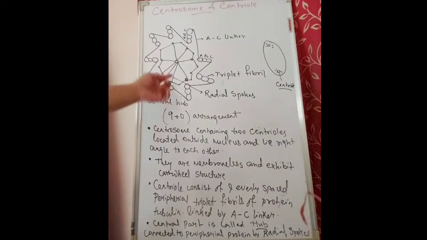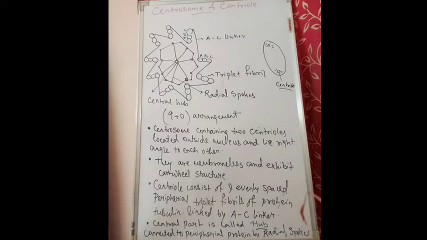And 0 means in the central part there is a type of protein known as the central hub. This central hub is connected to the peripheral proteins through radial spokes. So hence the arrangement is called 9+0.